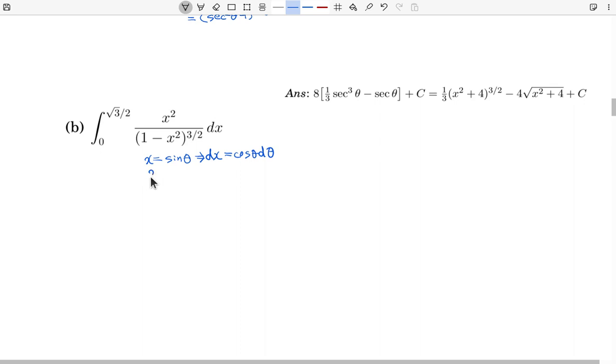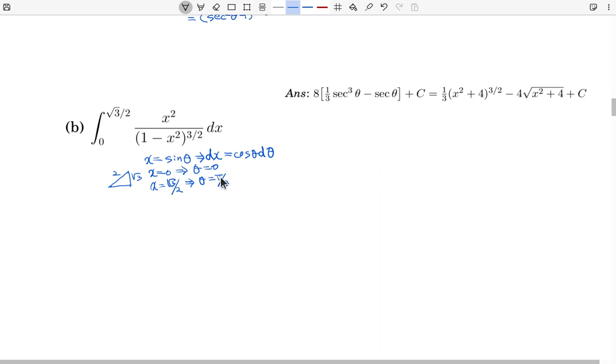Okay, here x is 0, which means theta is 0. Now x is square root of 3 over 2, and then theta must be pi over 3, since the sine of pi over 3 is square root of 3 over 2. So theta is pi over 3.